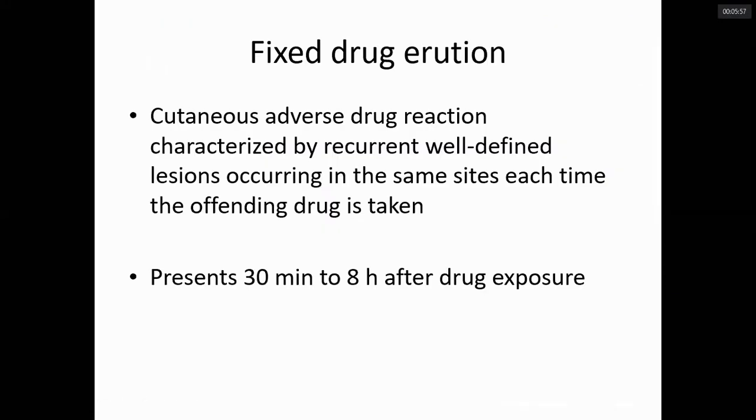Another one is fixed drug eruption. It is also a type 4 reaction. It is characterized by a well-defined lesion which occurs at the same site each time the offending drug is taken. It presents 30 minutes to 8 hours after drug exposure.